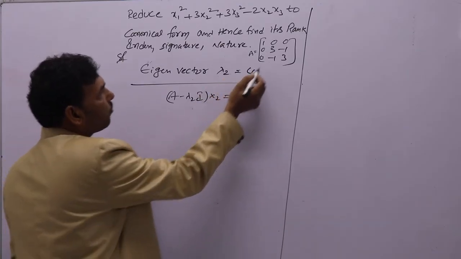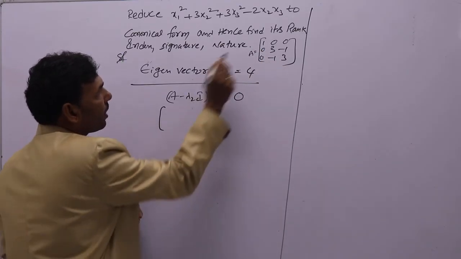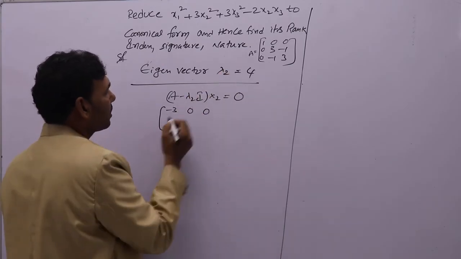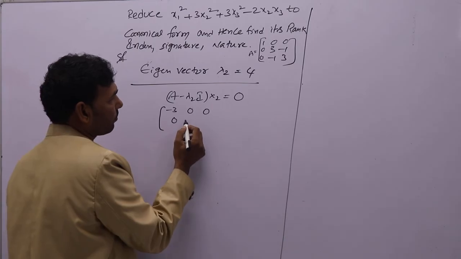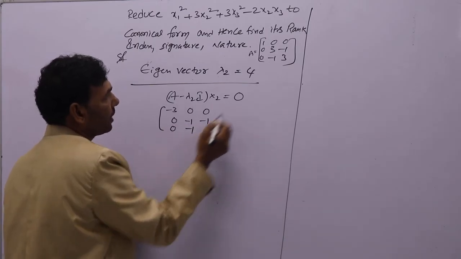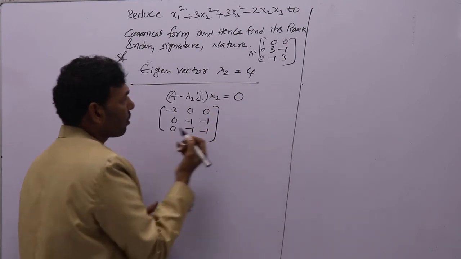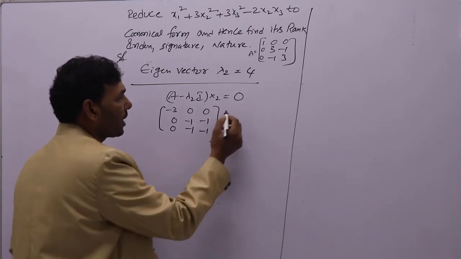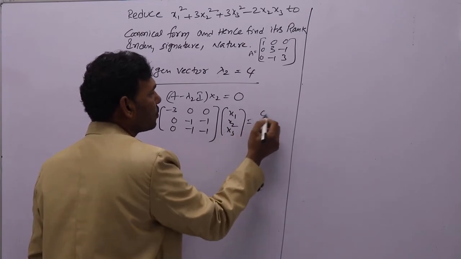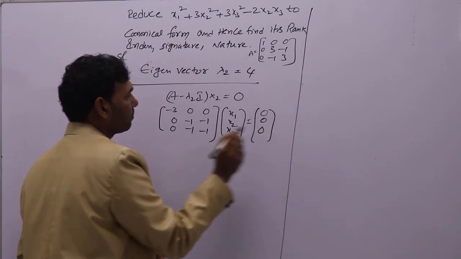So subtract 4 from the diagonal: 1 minus 4 is minus 3, 0, 0; 3 minus 4 is minus 1, minus 1; 0, minus 1, 3 minus 4 is minus 1. Here x1, x2, x3 equal to 0, 0, 0.